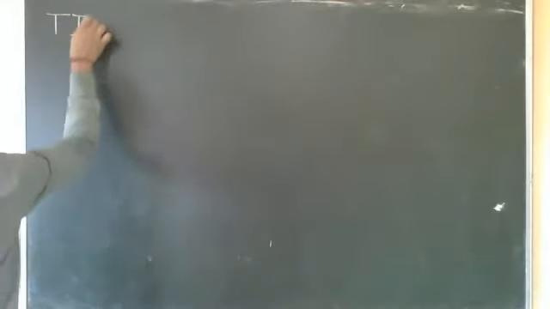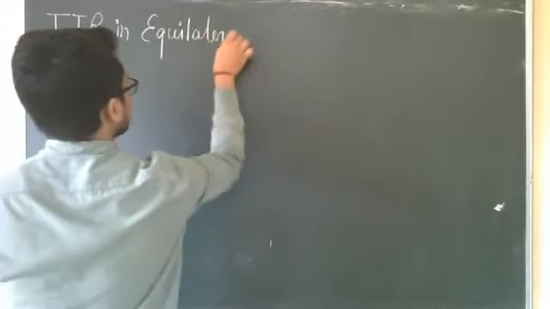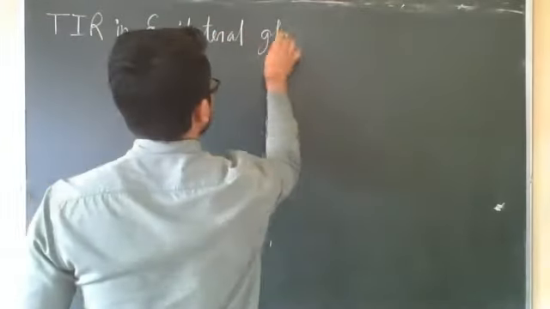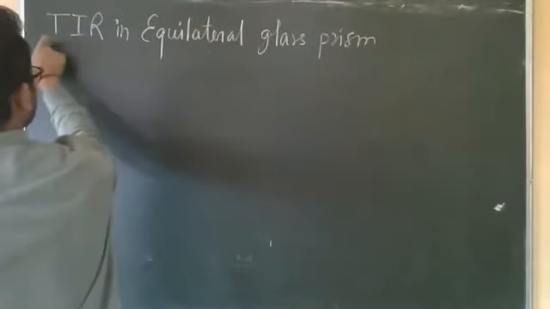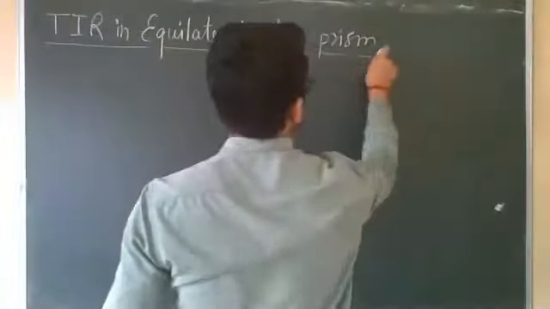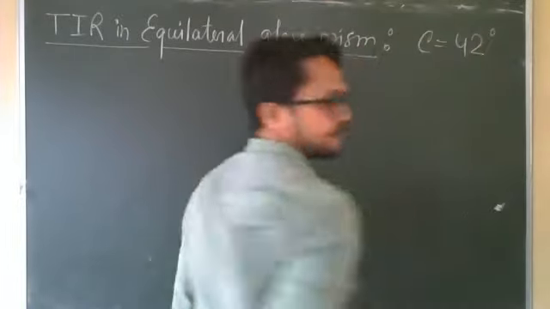So total internal reflection, TIR, in an equilateral glass prism: glass prism means we take C equal to 42 degrees.